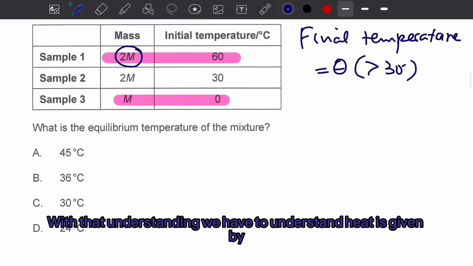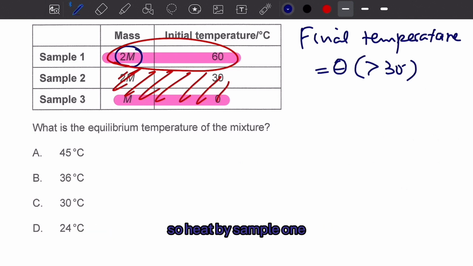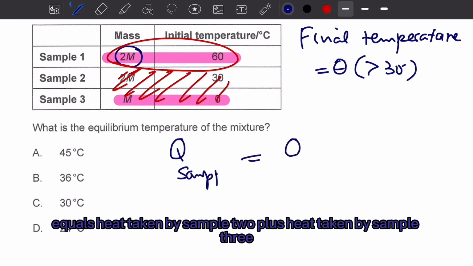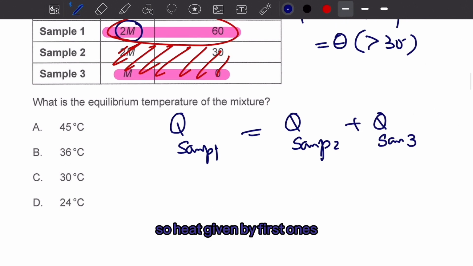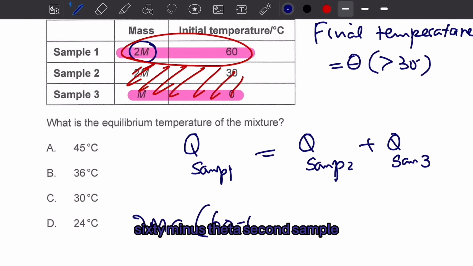With that understanding, heat is given by sample 1 and heat is taken by samples 2 and 3 both. So heat given by sample 1 equals heat taken by sample 2 plus heat taken by sample 3. Heat given by the first one is 2mc(60 minus theta).